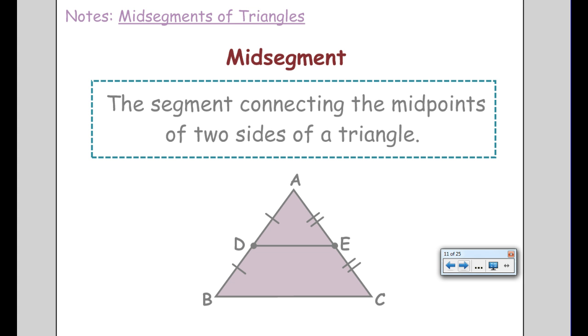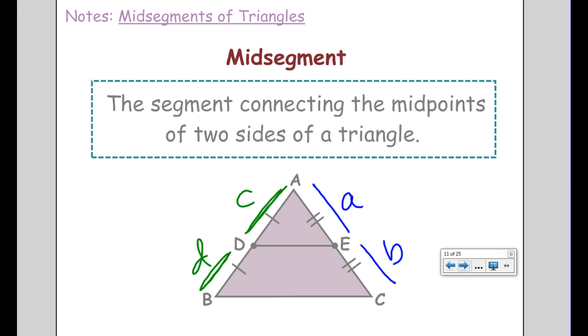What do all these tick marks mean? What's congruent? Tell me which sides. Not the angles, the sides. We're not saying that AB is congruent to AC. We're not saying AE is congruent to AB. AE is congruent to EC and AD is congruent to DB.